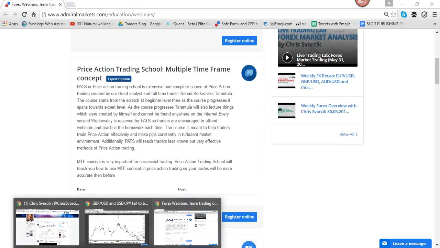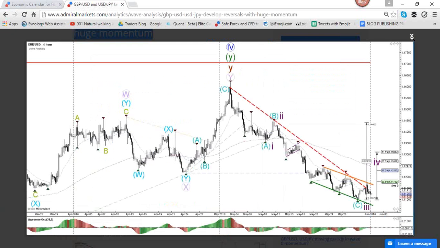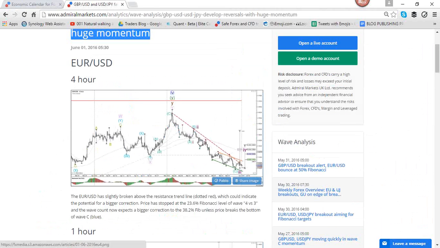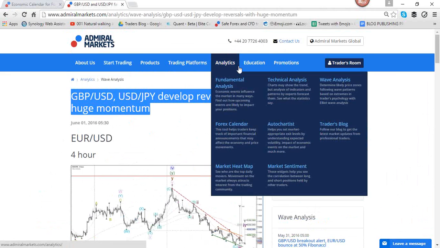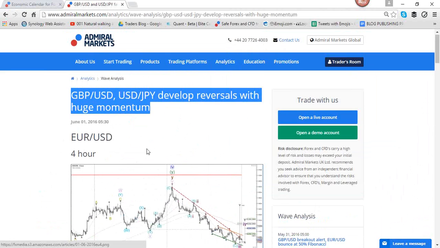Regarding waves, you can find my wave analysis daily around 7 a.m. normally speaking, anywhere between 6:30 and 7 is the standard time. At the very max, typically 8 a.m. Central European time. And you can go to analytics, click on wave analysis, and you can see what I'm suggesting.